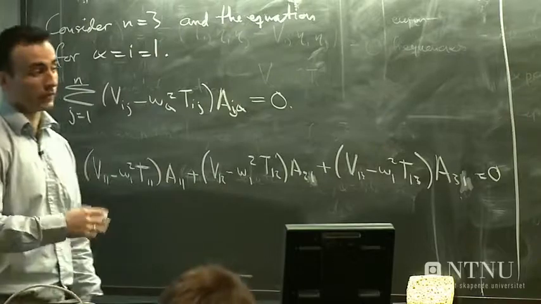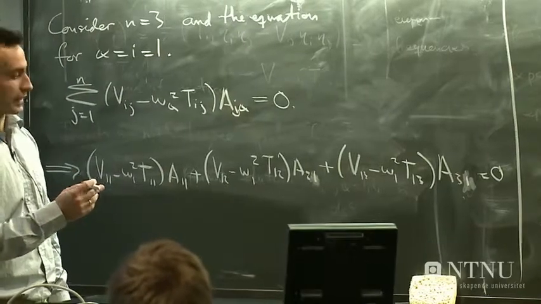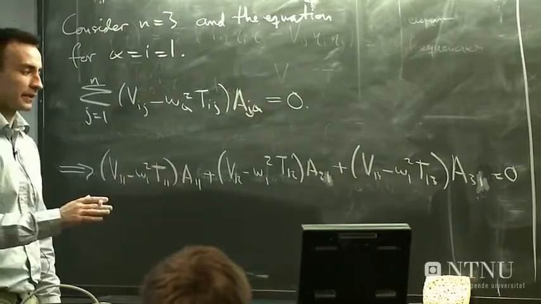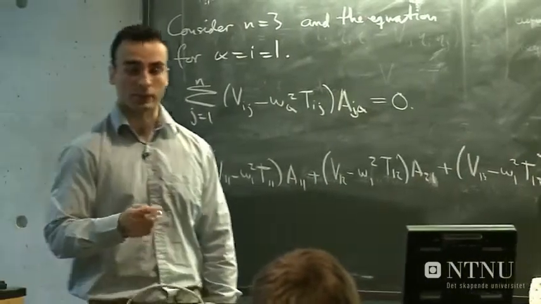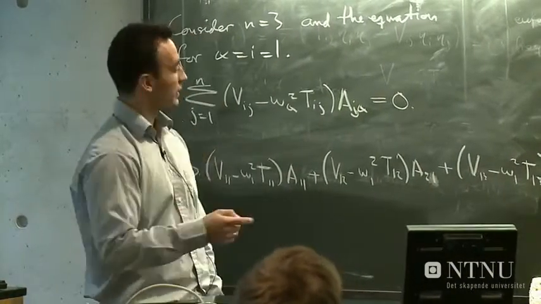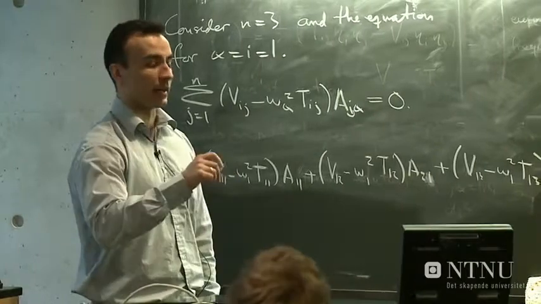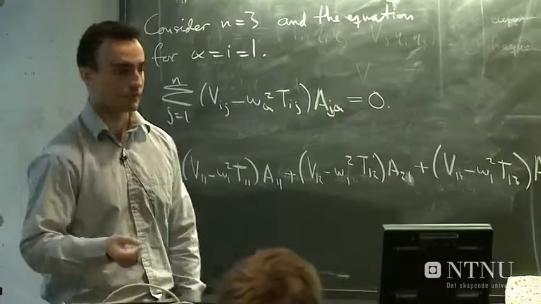Okay, so we've stated now that for the case where all of these eigenfrequencies in the system, omega 1, omega 2, omega 3, are distinct, we should have proportionality between the amplitude elements and the cofactors.